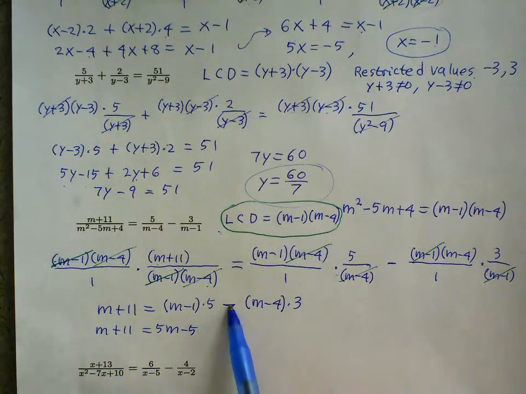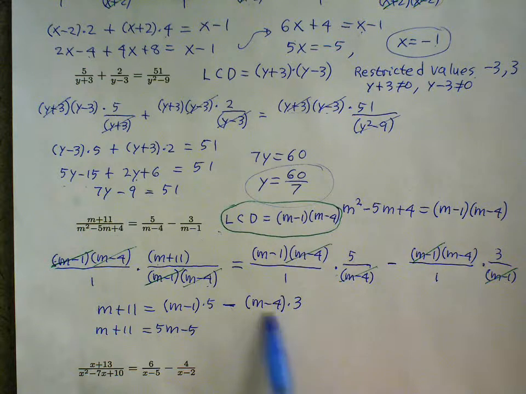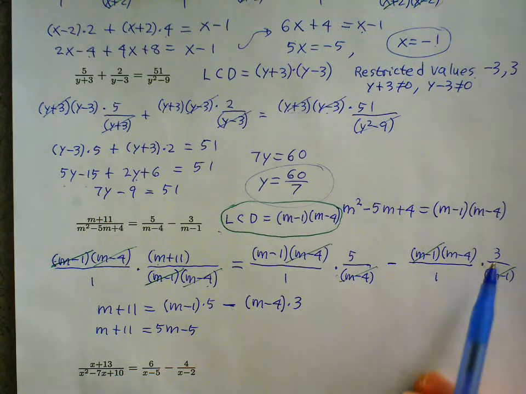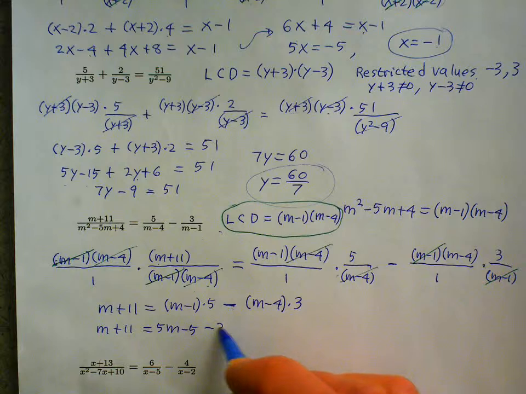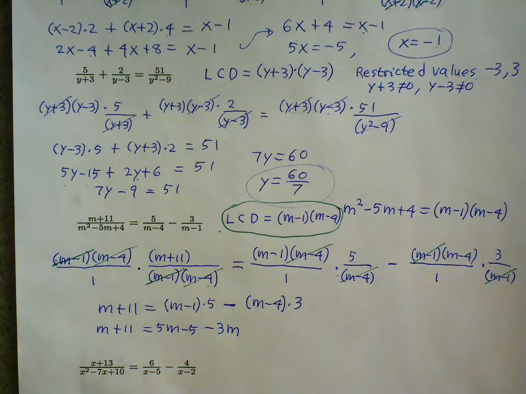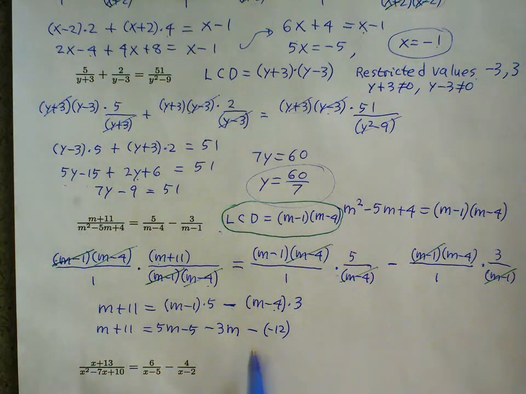And this means we're subtracting the product of M minus 4 times 3. So we're going to subtract M times 3, or minus 3M. And we're also going to subtract negative 4 times 3, which is negative 12. And whenever you subtract a negative, that's equivalent to adding.